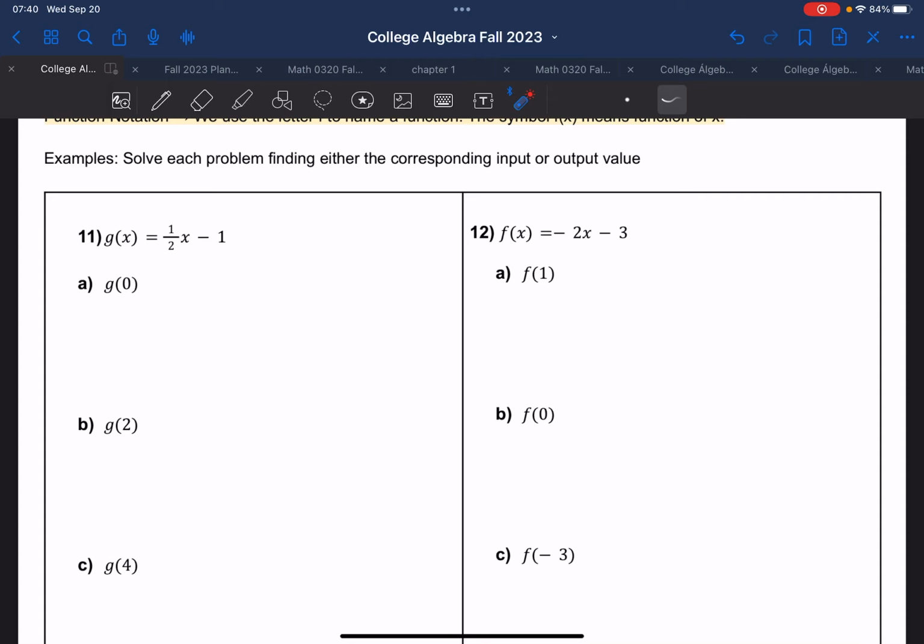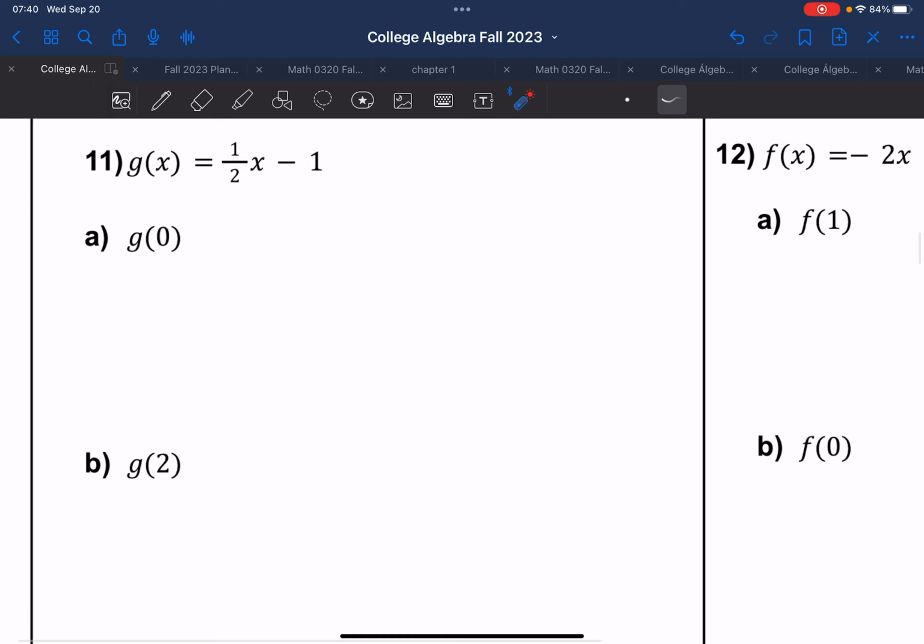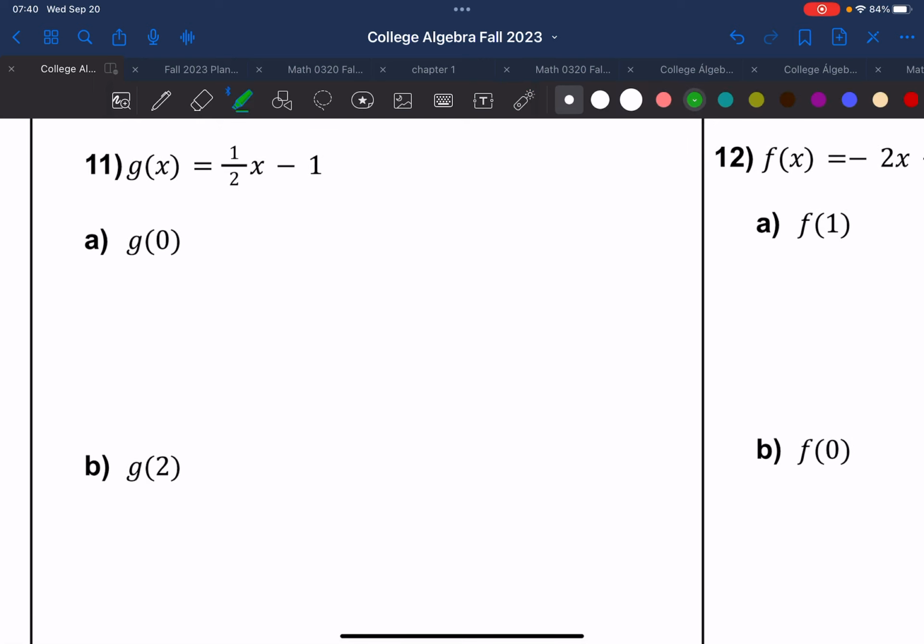For example, on number 11, we have the equation g of x is equal to 1/2 x minus 1. In part A, it wants us to plug in g of 0. That 0 is going to be what value, x or y? X. So I'm going to plug in a 0 anywhere I see an x. So g of 0 is equal to 1/2 times 0 minus 1.